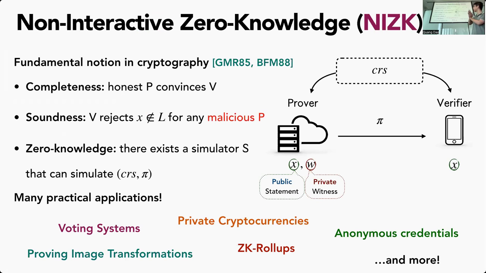If you want to prove image transformations, you don't want to leak the original image. If you want private blockchains, you don't want to leak the transactions. And so all of those things need zero knowledge. Okay, so I'm just curious about any other applications that only use the succinctness property other than ZK rollup. I don't know any.